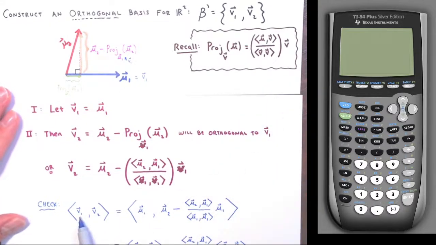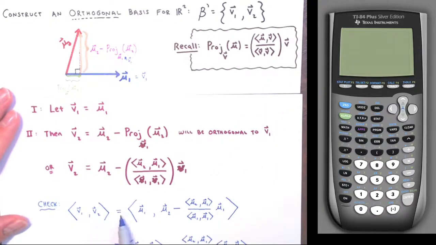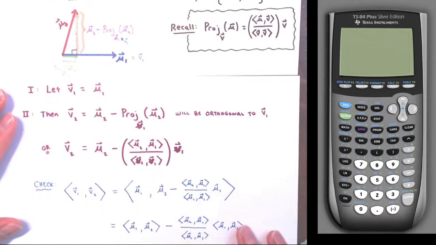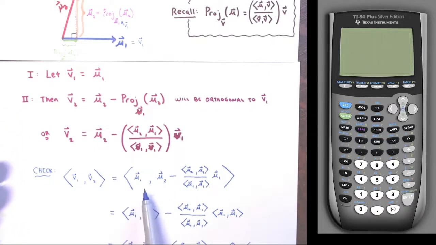So the inner product of v1 with v2 is, again, v1 is u1, v2 is u2 minus the projection of u2 onto v1 or u1. v1 and u1 are the same thing, so notice I have all the u1s here. Well, remember the inner product, if it's a well-defined inner product as the dot product is, has additivity and homogeneity properties.